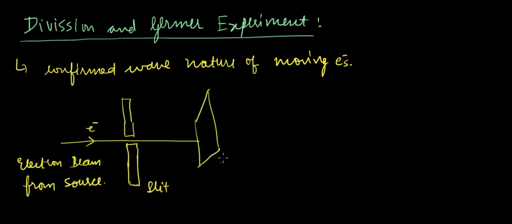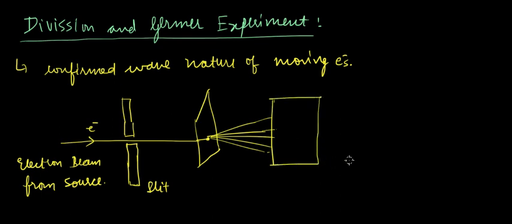After passing through this shield, the electron actually generates many radiations, and those radiations were collected on a screen, and they form concentric circles. Let me draw the full circle as well.